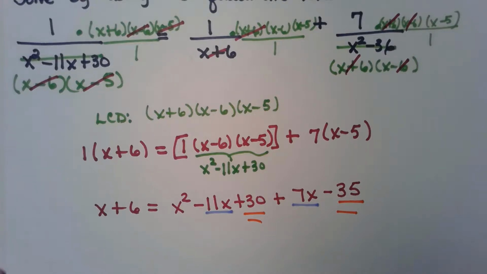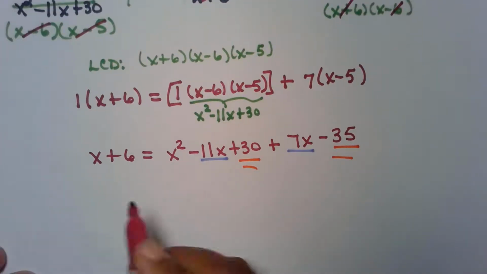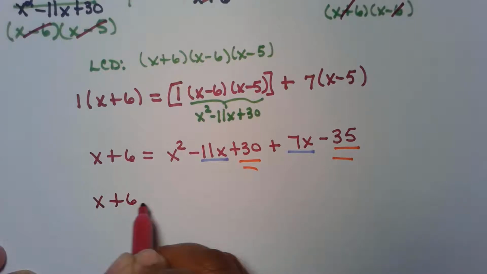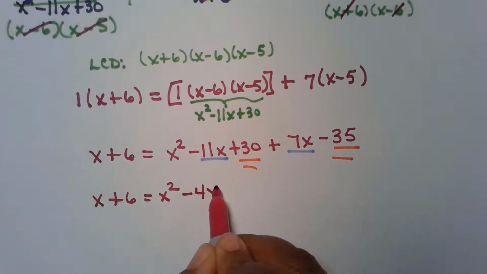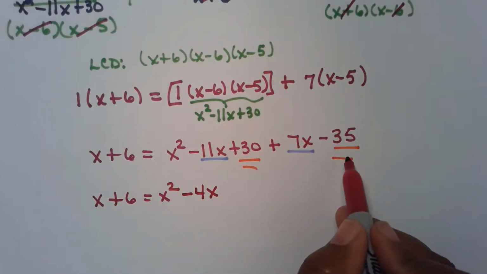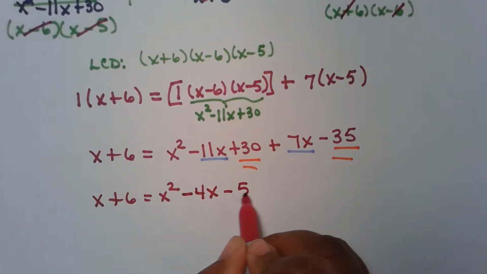So we have here x plus 6 is equal to x squared. What is negative 11x plus 7x? You tell me that. We have negative 4x. And then 30 minus 35, we have minus 5.